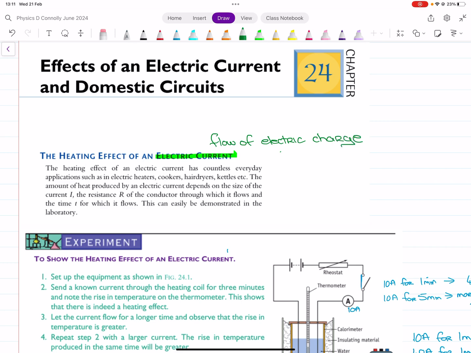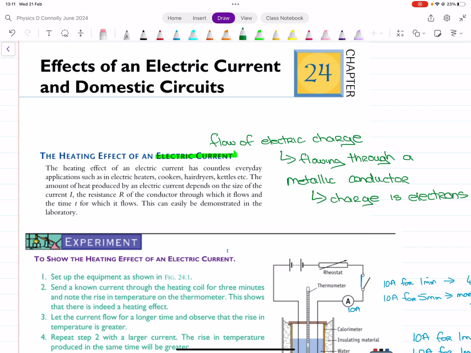If the electric current is flowing through a metallic conductor, then the charge that flows is electrons. Yeah, so we talked about all that.